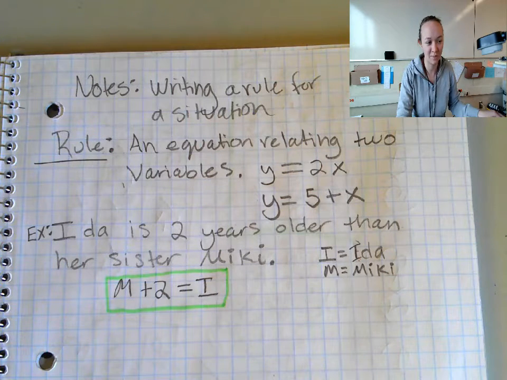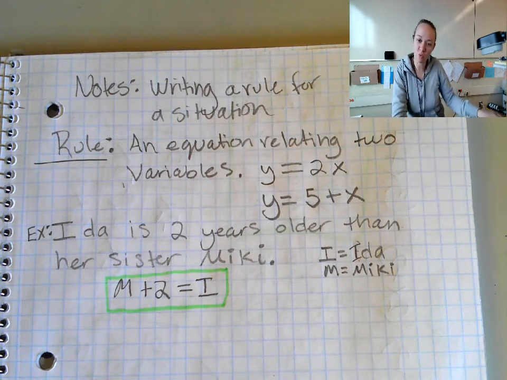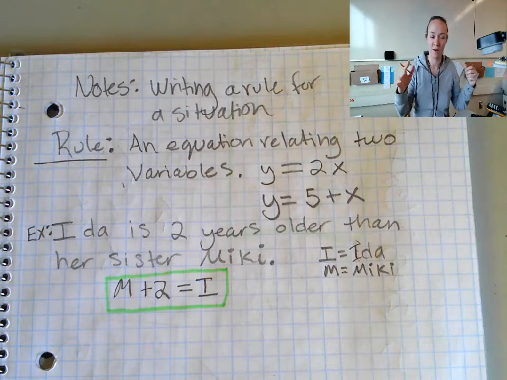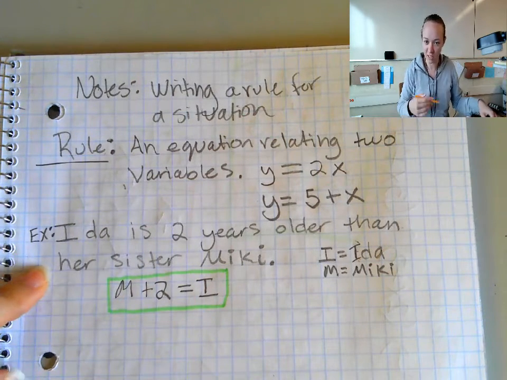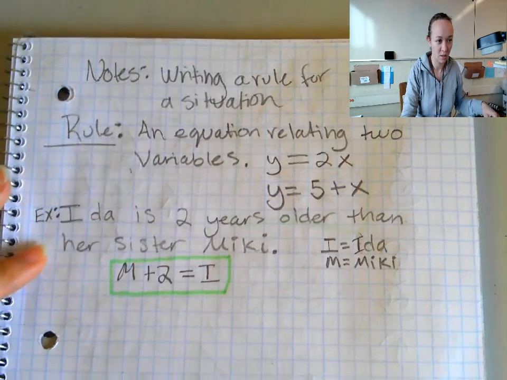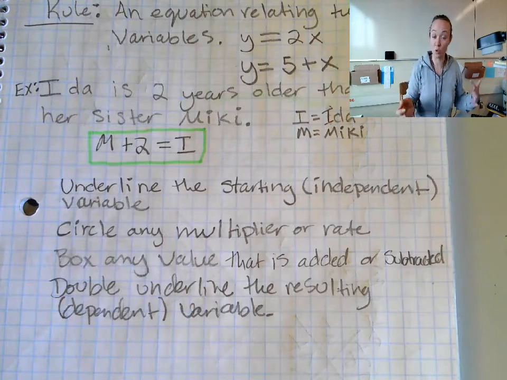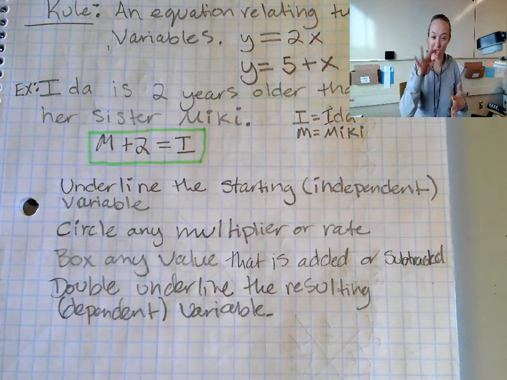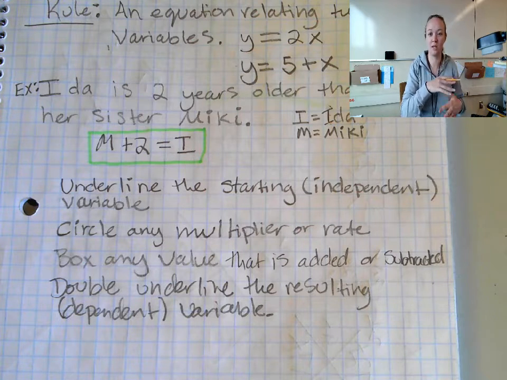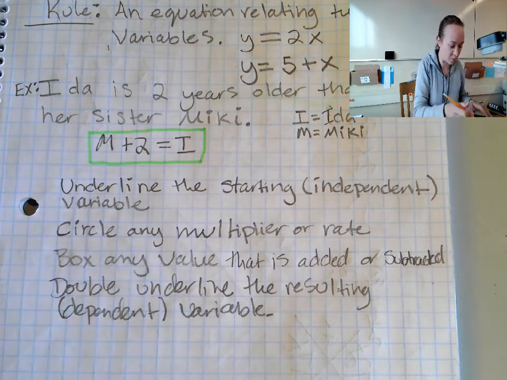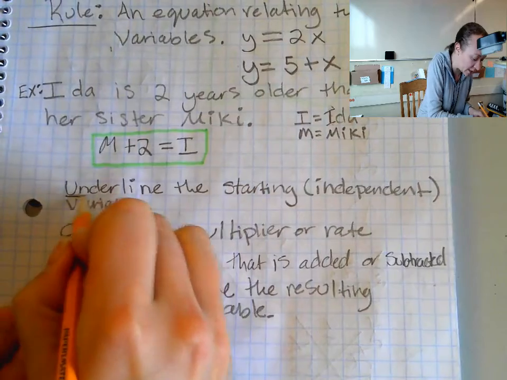Let's try a few more. Before we do that, we're going to try a way of annotating our problems to help us out. So we're going to underline the starting or independent variable. So like what's the thing that we started with here? We're going to underline that.